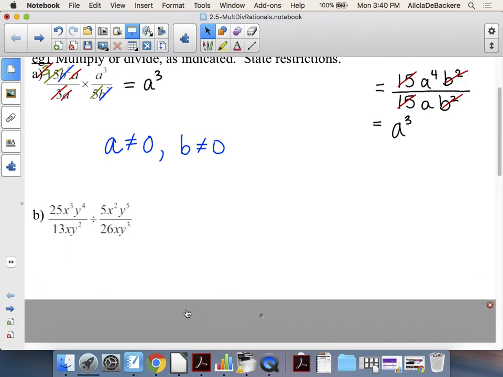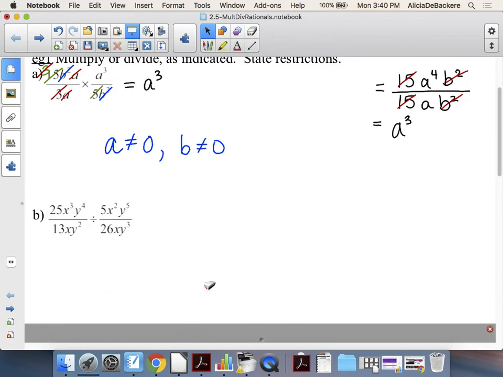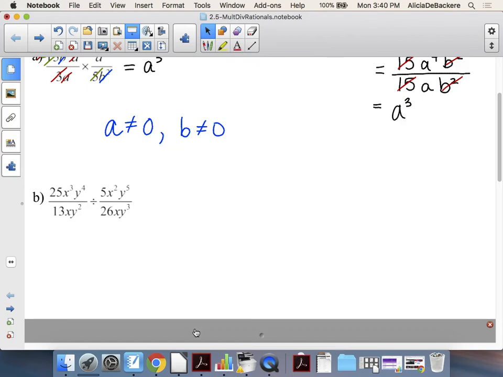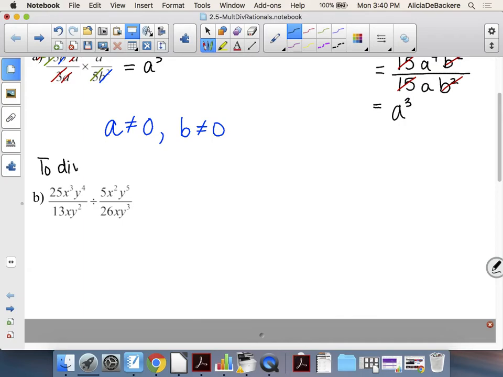In our next example, again, I have two fractions and I'm dividing these two fractions. Don't forget that to divide two fractions, we flip the second fraction, or take the reciprocal of it, and we change to multiplication.